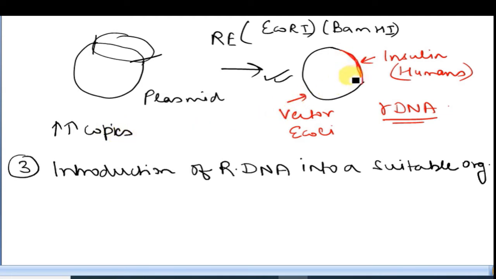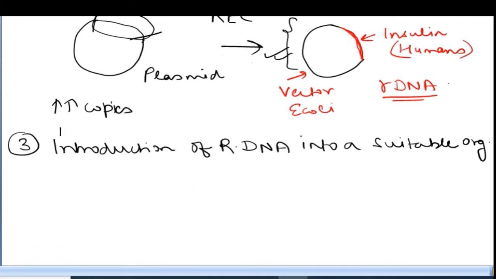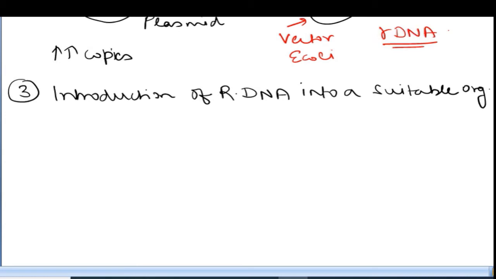So we need multiple copies of this, but until and unless you place this entire structure that you have obtained in a living organism such as a bacteria, this won't multiply. Okay, so the next thing that we should be working upon is the introduction of this recombinant DNA into a suitable organism.